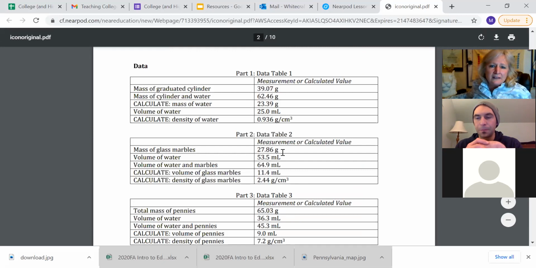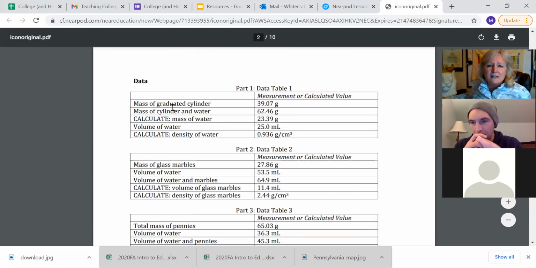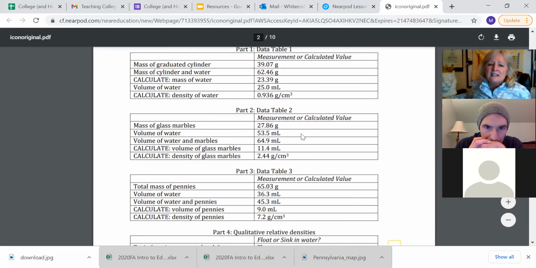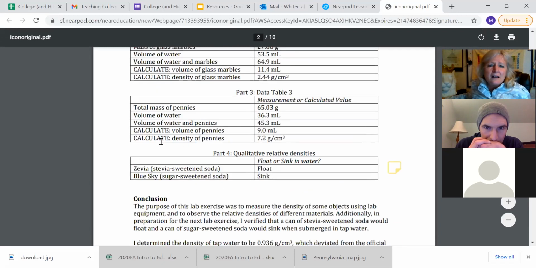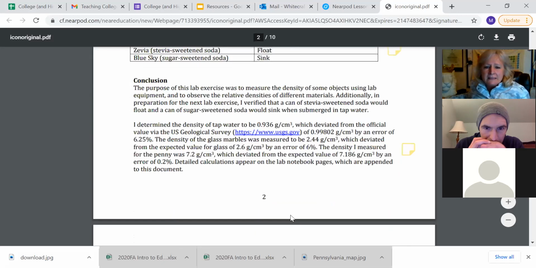So here's an example of the data. This was part 1, the density of water. Then they did the density of glass marbles, density of pennies, and again, this was just the soda.